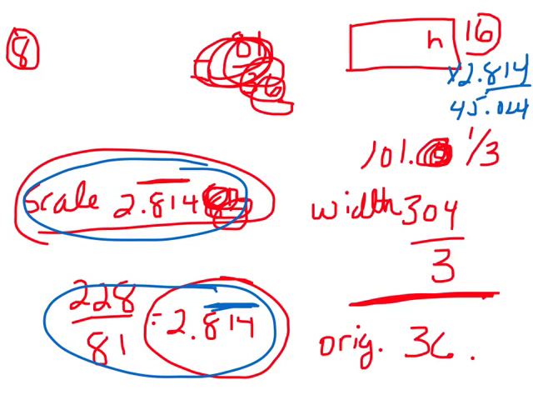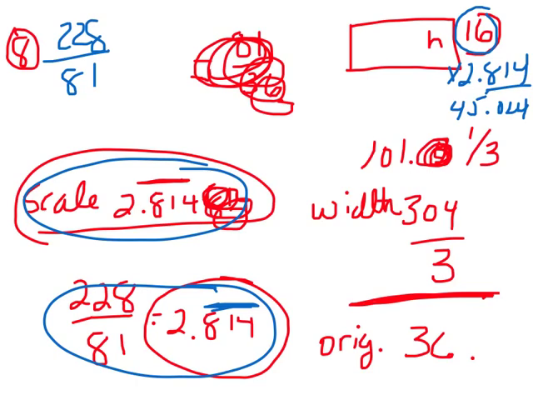So they're basically taking the original and blowing it up by a scale factor of 2.814. If I want to find the new height, all I have to do is multiply the old height, 16, by 2.814. How did I find the 2.814? You divided 228 by 81. Yeah, they told me the new length was 228. The old length was 81. I divided those out, and that's how I got 2.814.